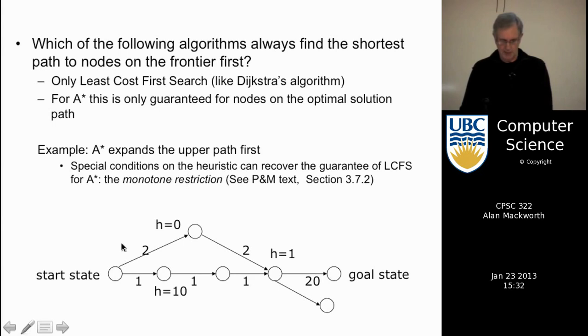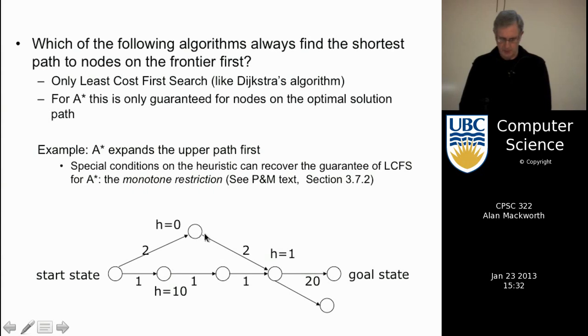If you actually run A star on this, I can't remember if I put this in AI space, I think not, but you could easily type it in, draw it in, check it out. But you can just run it in your head, right? So here's a start state. We expand, say, to these nodes here. And so the F value for this node is 2 plus 0, because it's cost so far plus h. And for this one, it's 1 plus 10, which is 11. So this is cheaper.